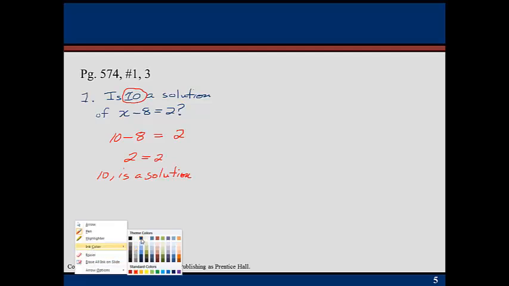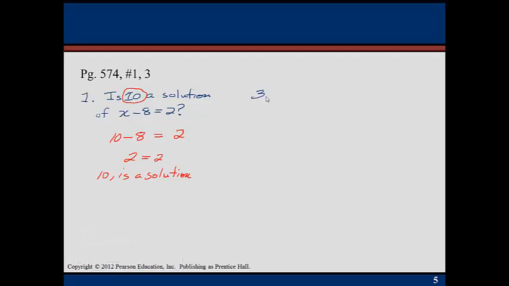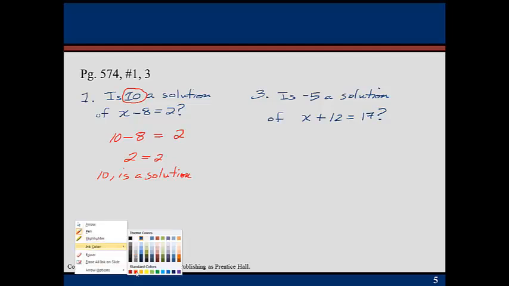Alright, and then number 3. So now it says, is negative 5 a solution of x plus 12 equals 17? So just like before, we're going to take the value they gave us, which was the negative 5, and we're going to replace the x.